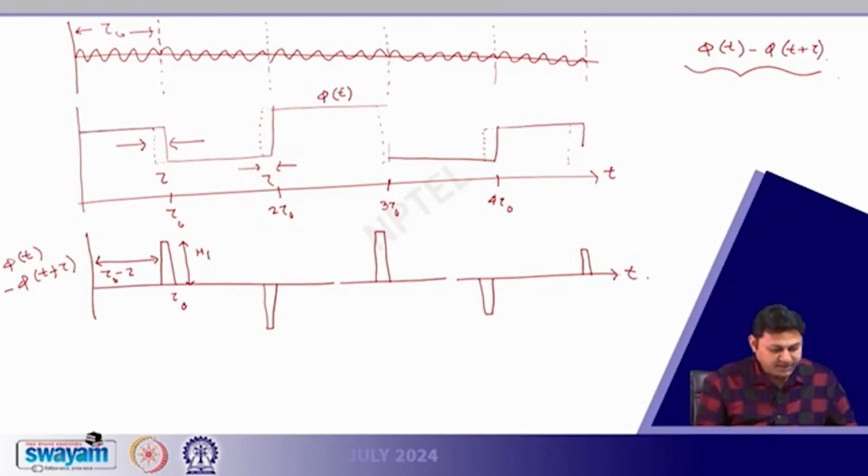Okay, so once we have these functions, let me call this function delta phi function of t.